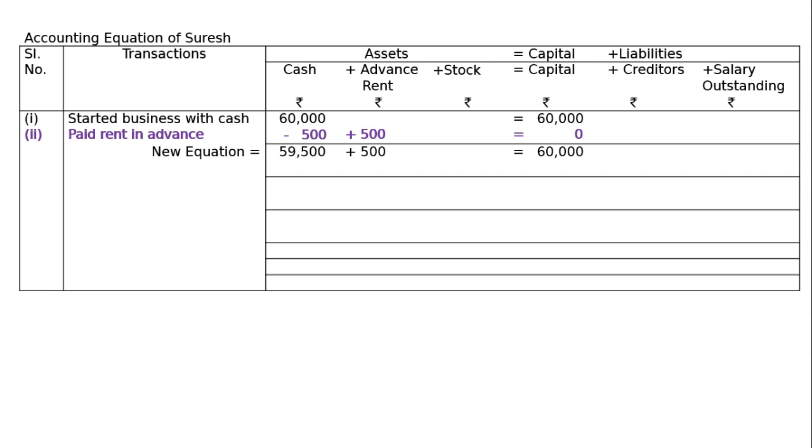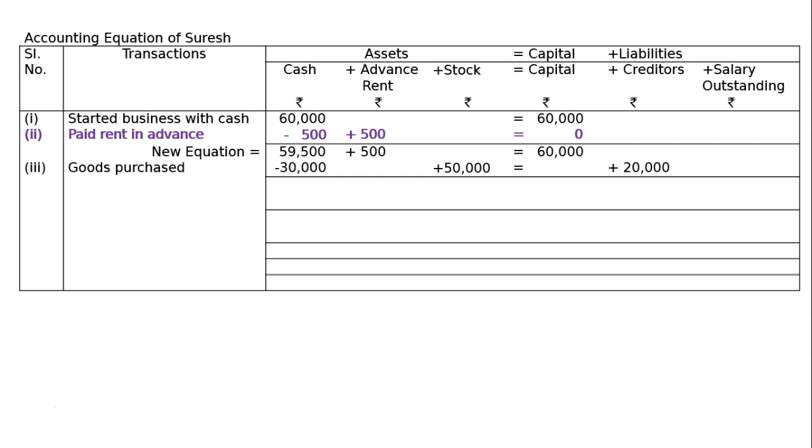Then third transaction, purchased goods for cash 30,000 and credit 20,000. Cash 30,000 reduce, stock 50,000 increase, and creditors will increase by 20,000.